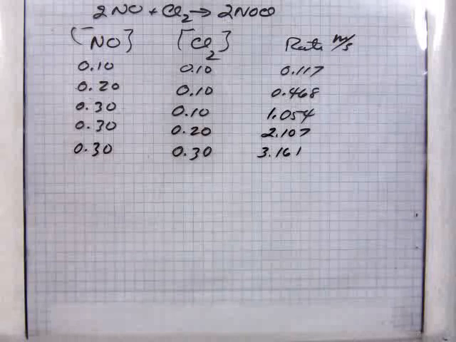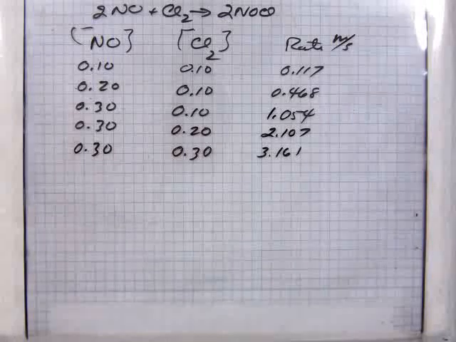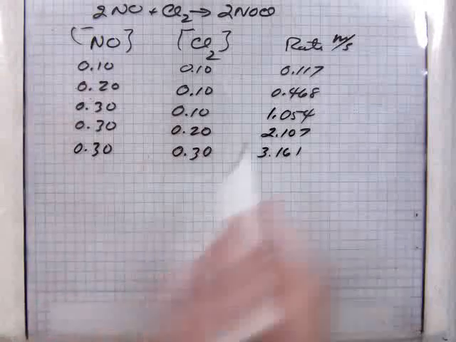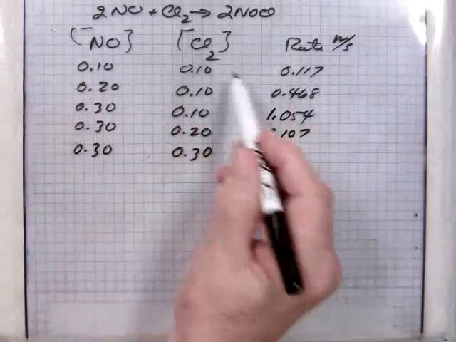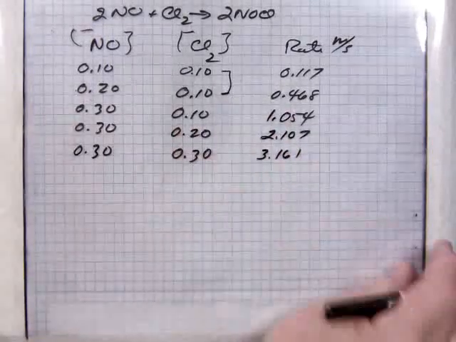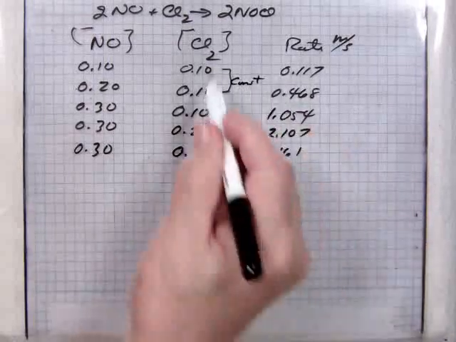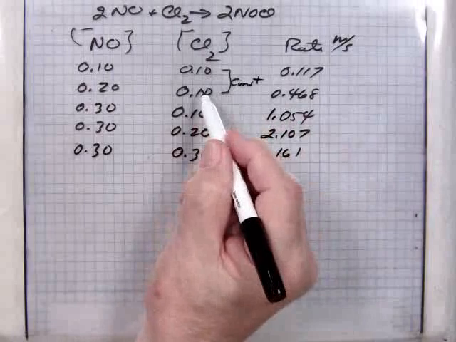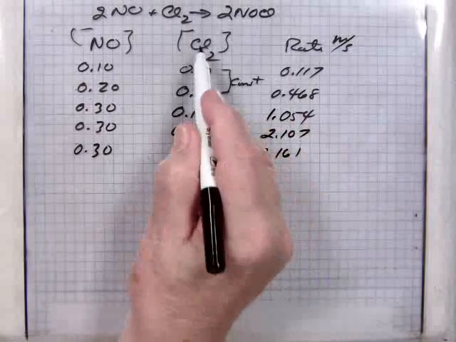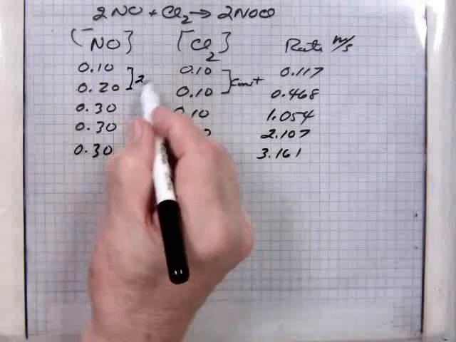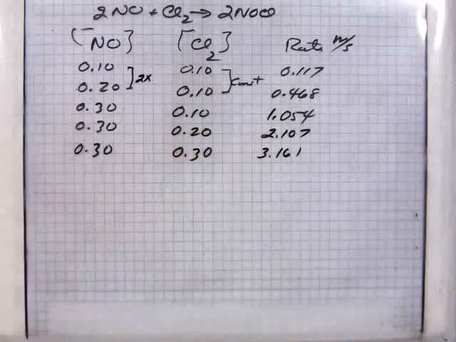Then when you finish that one, you hold the other one constant and vary the one you just held constant, and then see what the reaction rate changes are. In this one, you notice that this doesn't change in concentration. So pick a pair of concentrations that are the same for one of the components, yet you notice that this is a 2 times increase in concentration.